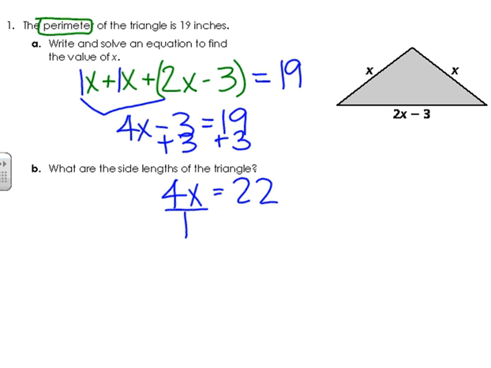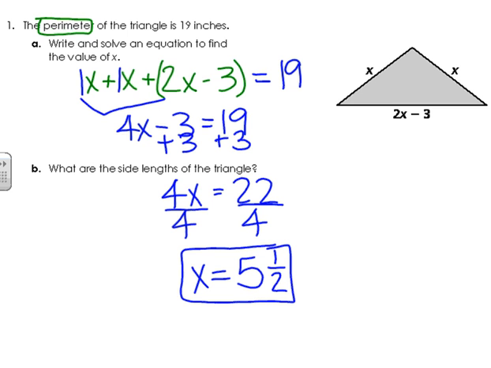And then final step, divide by 4 on both sides. 22 fourths, 4 goes into 22 5 times with 2 left over. So you can get 5.5 or 5 and a half as a decimal. Either way is fine. So the value of x on part A is 5.5.